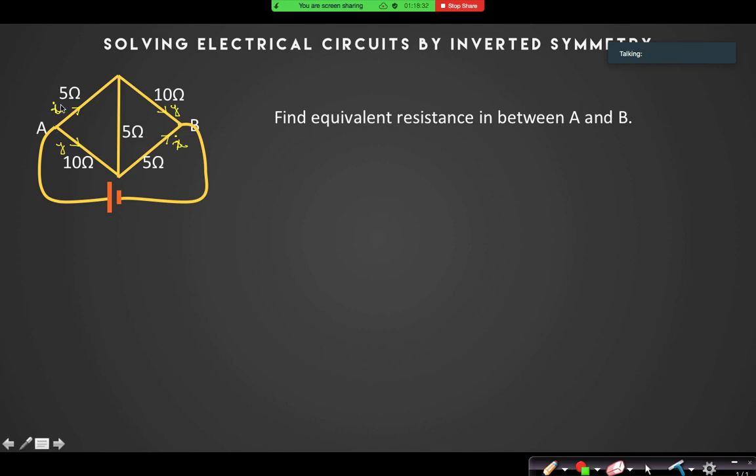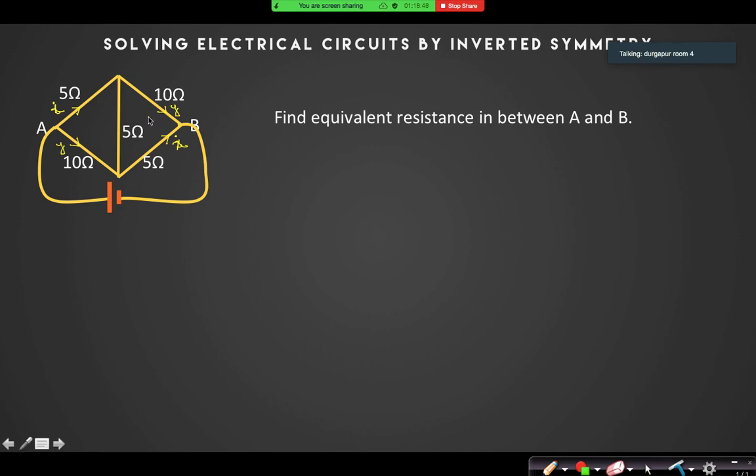So the ratio of that should always be the same. So this is known as inverted symmetry, where we can use this concept that this branch and this branch will carry the same current, this branch and this branch will carry the same current.